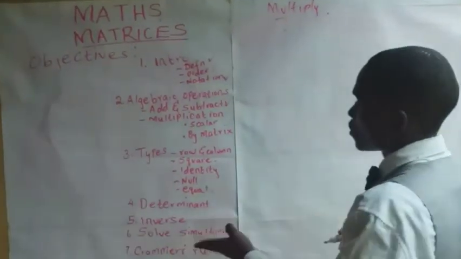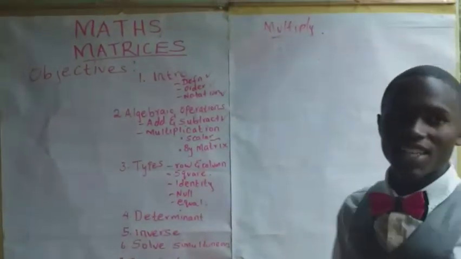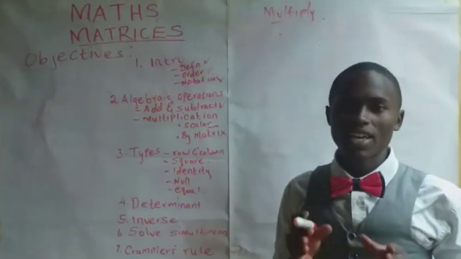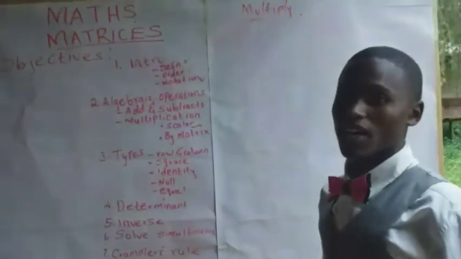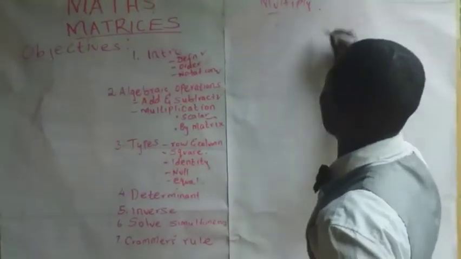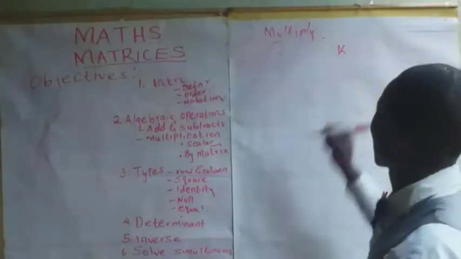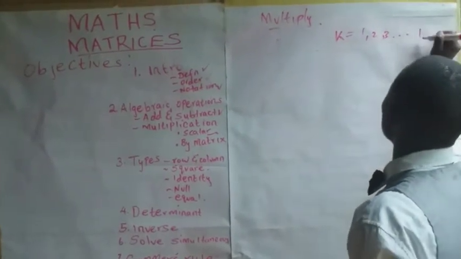If we want to multiply matrices, let's think of a scalar. What is a scalar? A scalar is any number, a whole number or a real number. A scalar k could be 1, 2, 3, anything up to 1 million.